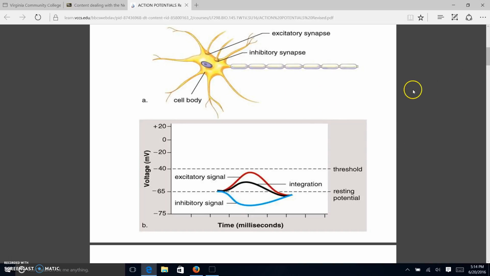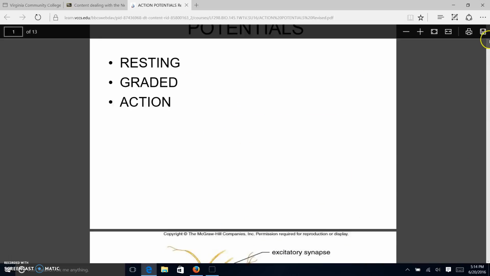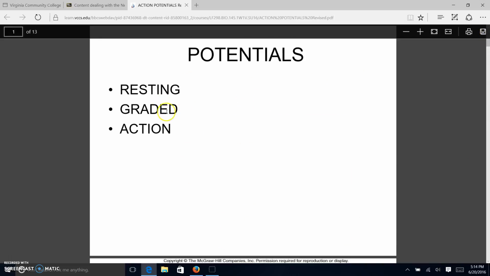Okay, so our first potential was our resting potential. That's the measurement we can take inside of the cell membrane if nothing's happening. The next measurements we're looking at right here, whether it's the excitatory signal, the inhibitory signal, or the combination of both of those signals called integration, that is what we refer to as our graded potential. So it's the next thing.